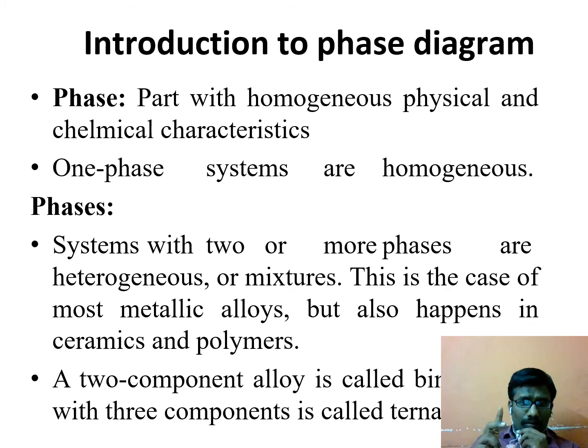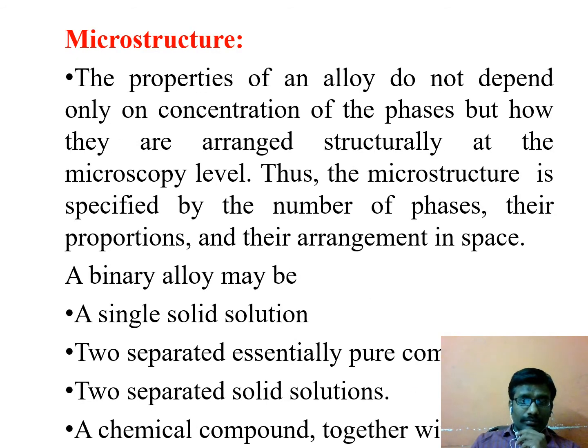A two-component alloy is a binary alloy system. A three-component alloy we call a ternary alloy system. Coming to microstructure, the alloy microstructure depends majorly on temperature.